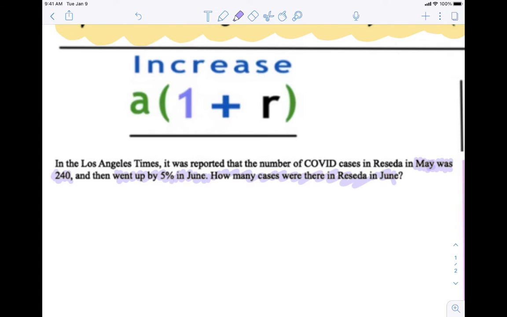So I know that I'm going to use this formula because it is increasing. So I'm going to say A times parentheses 1 plus R parentheses is equal to, well, it says how many cases were there in Reseda in June, so I'm going to say June cases.